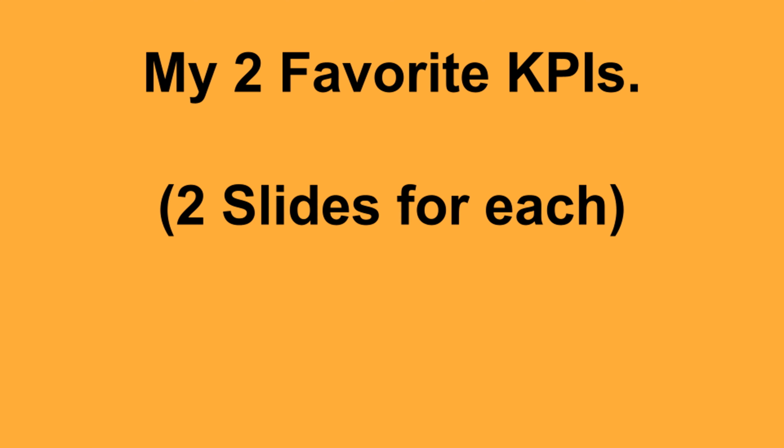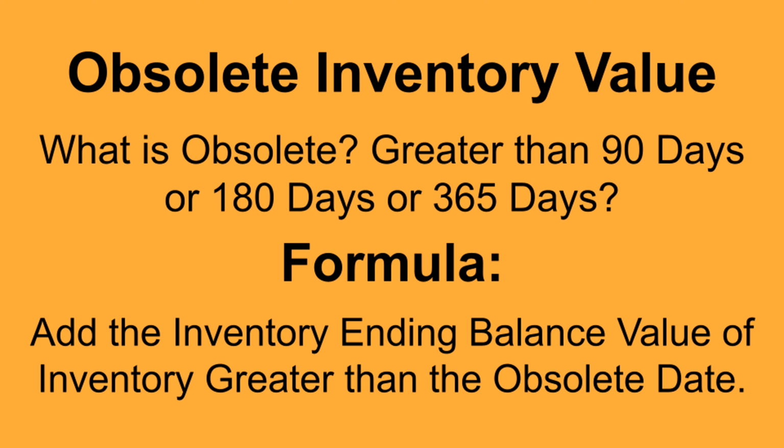Okay, so we've come down to my two favorite KPIs. There is actually two parts to each of these. Obsolete inventory value. Now, I like this one just as a value so you can see what you have in obsolete inventory, the value that you're carrying. The issue that you need to deal with first is you need to define what is obsolete. Is it greater than 90 days, 180 days, 365 days?